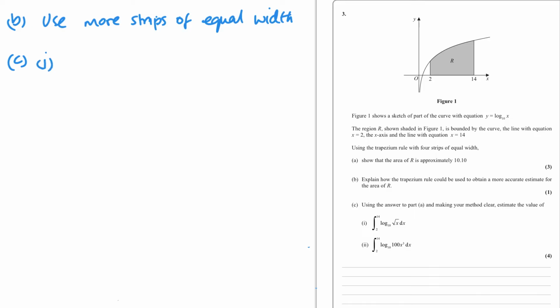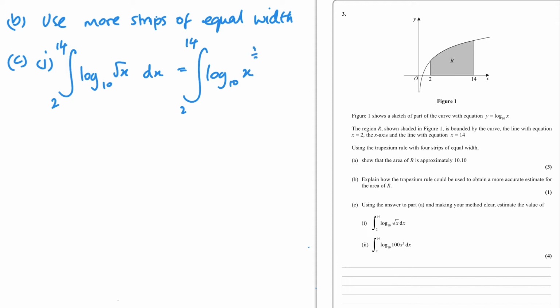So see part 1 now, we're looking at integrating log of root x to the base 10. Now we need to be using our answer to part A. So what we need to do is manipulate our logs. So if I think about this, the square root of x can be written as x to the power half.